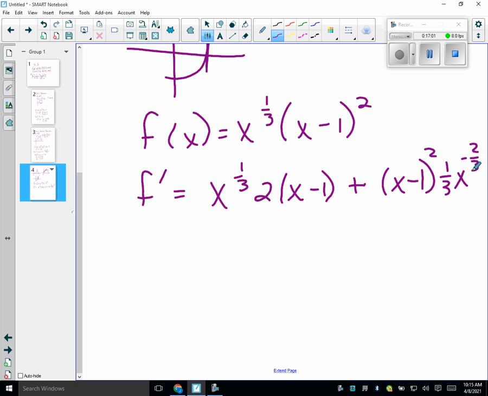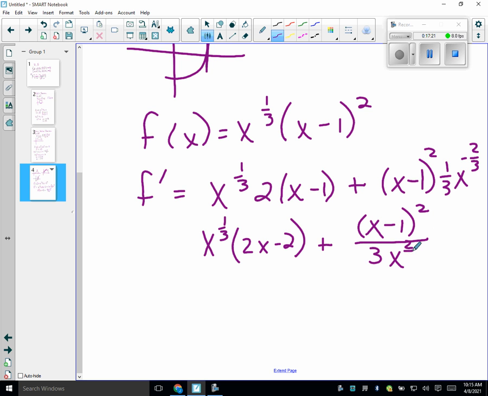So do I have x to the 1/3 times 2x minus 2, plus x minus 1 squared over 3x to the 2/3? Right? Will you agree with that?